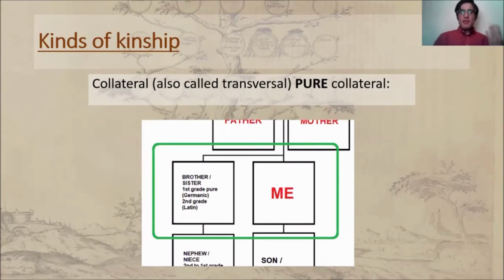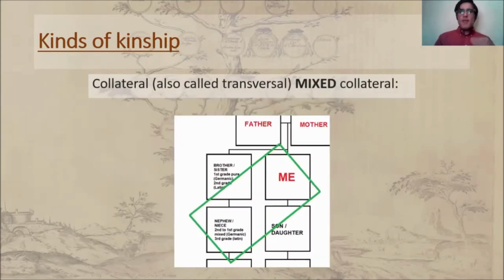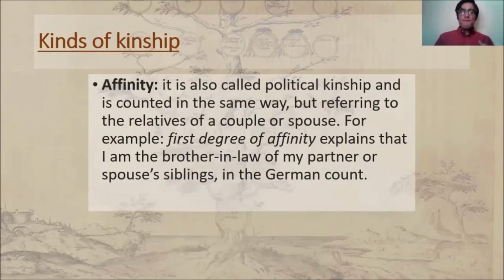You can see a sibling and we are pure collaterals. And mixed collateral or transversal. It's unequal, counting in generations because one is above the other. Here you can see an example with a nephew or a niece. We are mixed collateral.